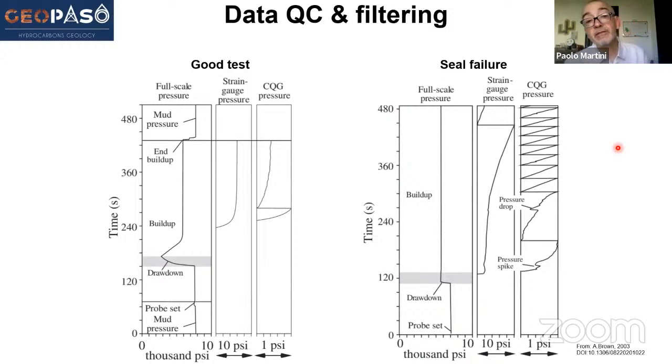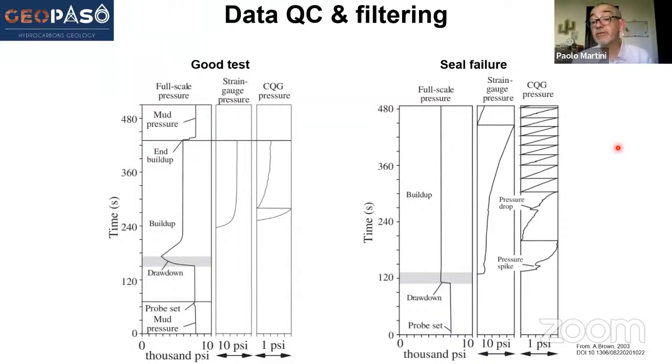And the one on the right is the quartz gauge, which is more precise and accurate, but also more prone to temperature stabilization problems. So basically, on the left, there's a good test with a relatively quick build-up stabilization.